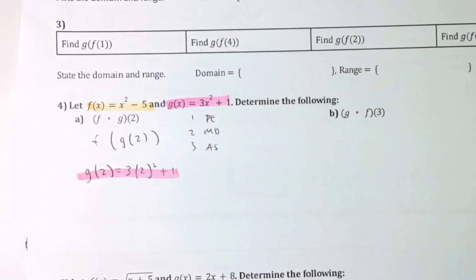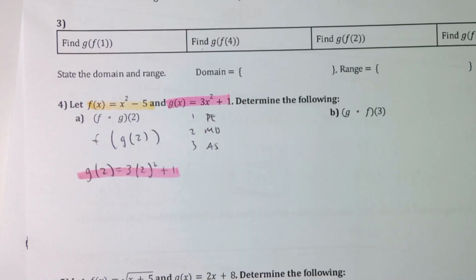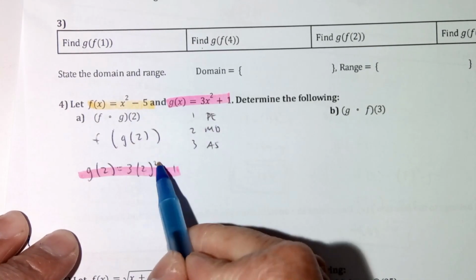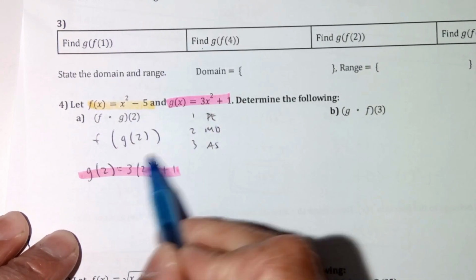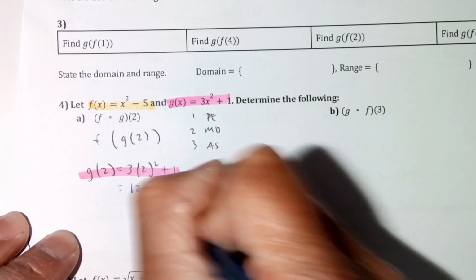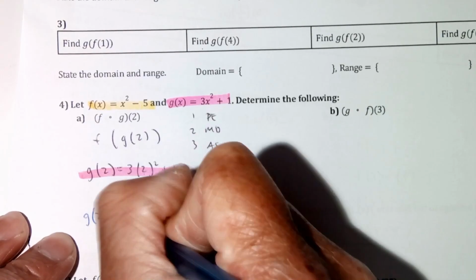So I'm going to do the exponents first. Remember back in August, the common mistake was to multiply, but that would be skipping, and Aunt Sally is not happy. So we're going to do 2 squared, which is 4, and then 4 times 3 is 12. And you add those together, I get 13. g of 2 equals 13.